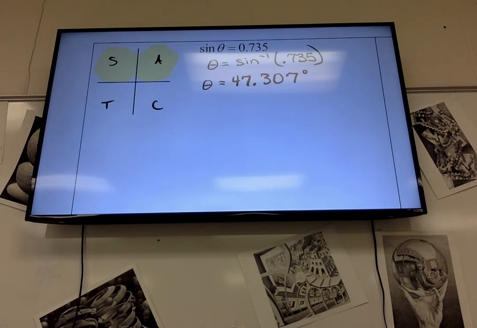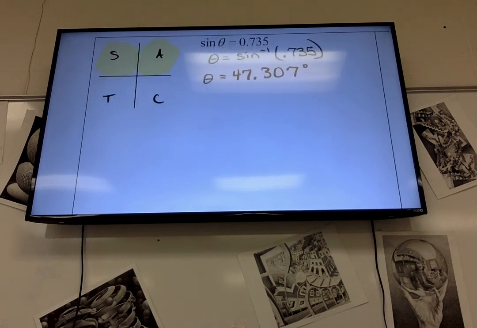Very good. All right. Now it's supposed to be in the first and the second quadrant. Well, that one is in the first quadrant. For one to be in the second quadrant, it just has to have the same reference angle as this blue one.